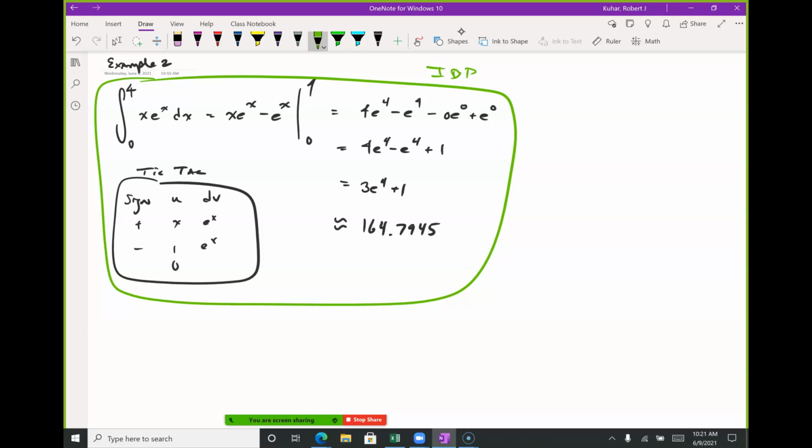Or tic-tac-toe. If I had said to you, do integration by parts, you could have had the option of tic-tac-toe, right? And if I say to you, do it by tic-tac-toe, I want you to do it by tic-tac-toe, okay? Usually when I say integration by parts, you can't do it by tic-tac-toe.